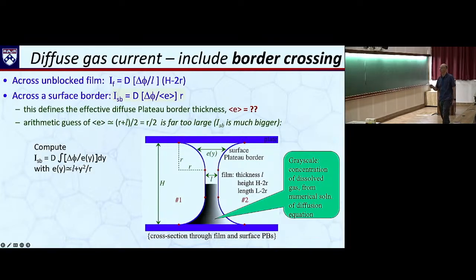Okay, so what we're going to do is make what we call a border crossing approximation. We're going to divide this up into little horizontal slices. We're going to stratify the concentration profile, and you can see it's basically stratified here. So we're going to suppose that the flux decreases, if you will, linearly from here to here, according to the thickness E. And the transport will be dominated by behavior here where the film is thinnest.